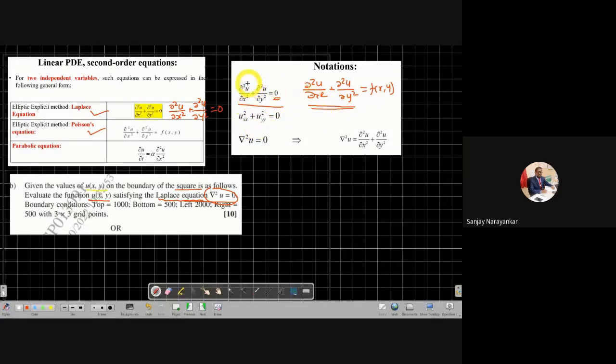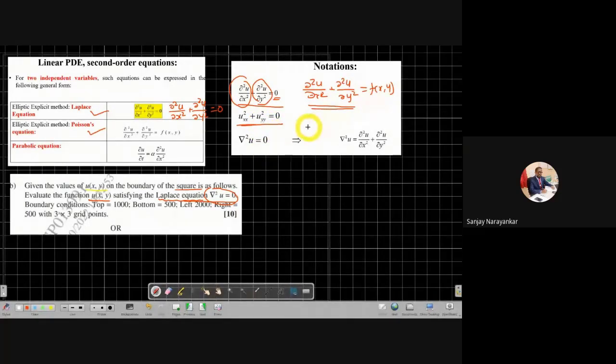You can find different notations in the examination, maybe in questions. We can represent this term as u_xx and this term as u_yy is equal to 0. This is again known as the Laplace equation.